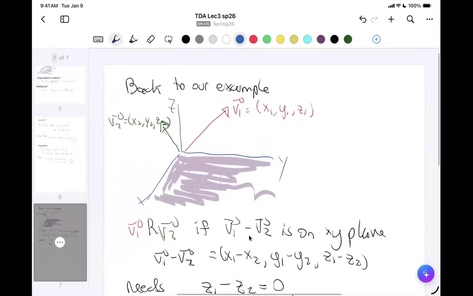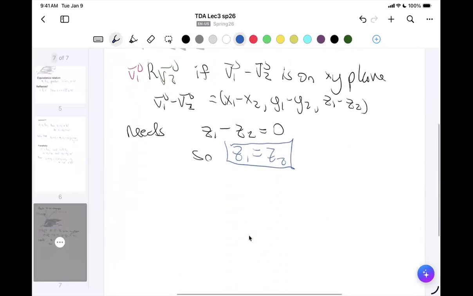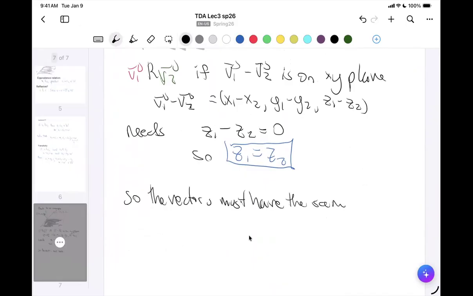So in terms of a picture, what that means is that the vectors must have the same height. And once you realize that, what is the equivalence class of a vector?